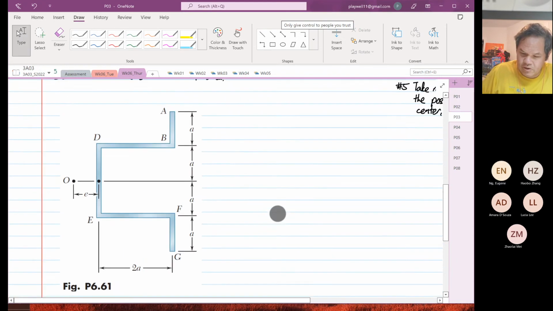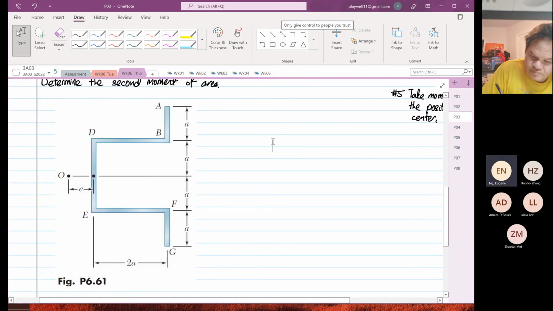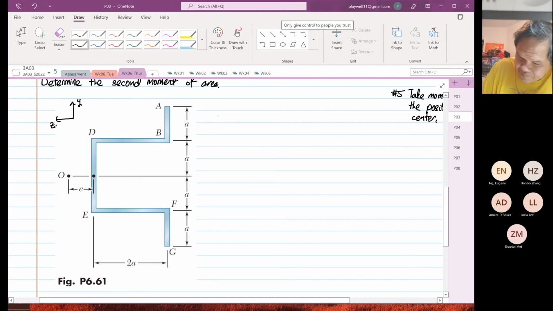So I'm going to draw my transformation first. This is our y, this is our z. So we are going to find IZZ. IZZ is twice IAB. Why twice?